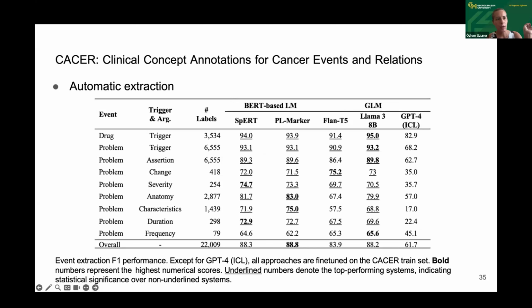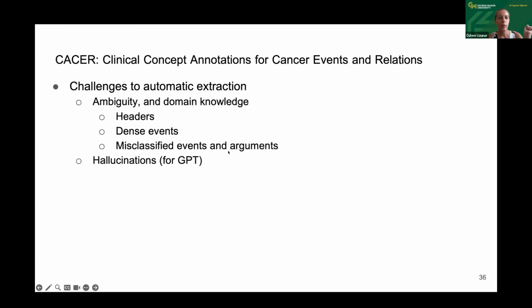We analyzed the errors to see what else they may have gotten wrong, and ambiguity is a big problem here, and interpreting the text with domain knowledge in mind. What we found is, especially if you have a bunch of events discussed in close proximity to each other, then the methods would confuse the drugs and the treatments, and they would misclassify whether something is a drug with the duration of taking the drug, or whether something is a medical problem with some other aspect, like characteristic of the problem.